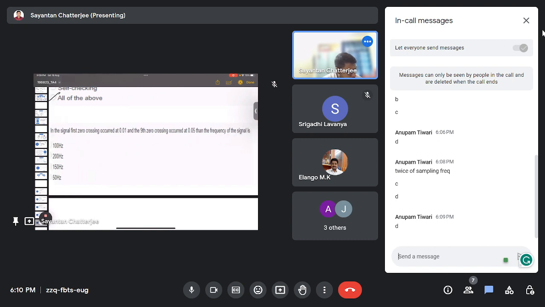The first zero crossing at 0.01, the ninth zero crossing at 0.05.